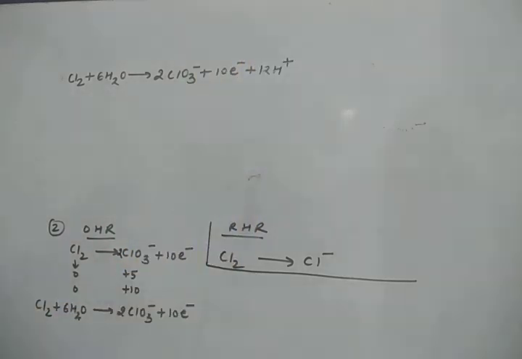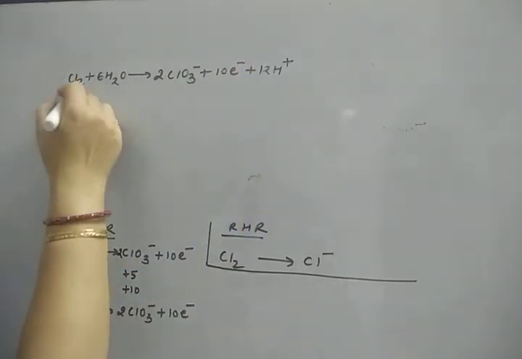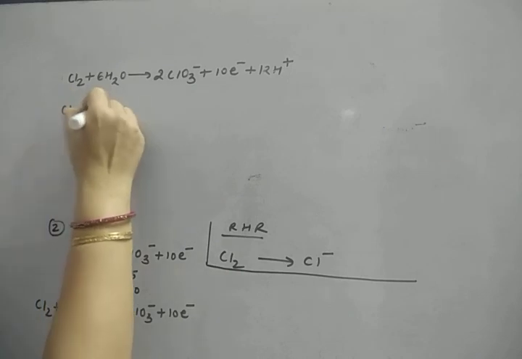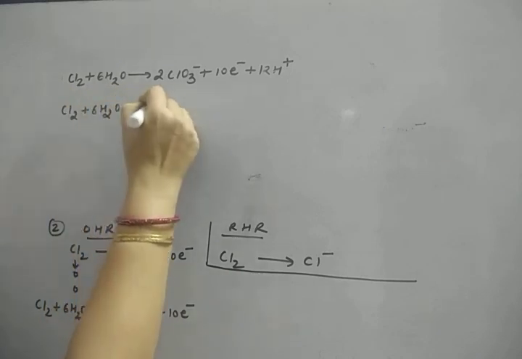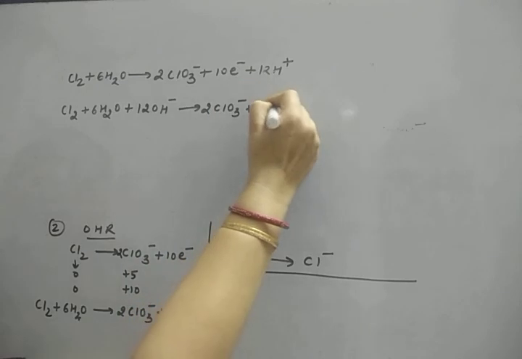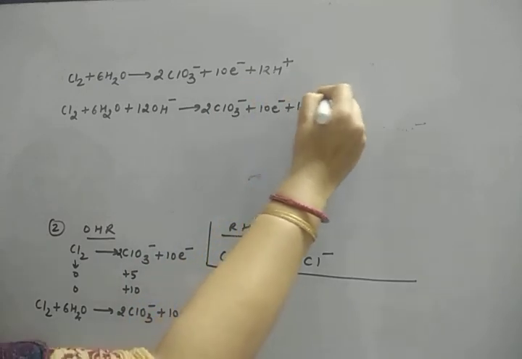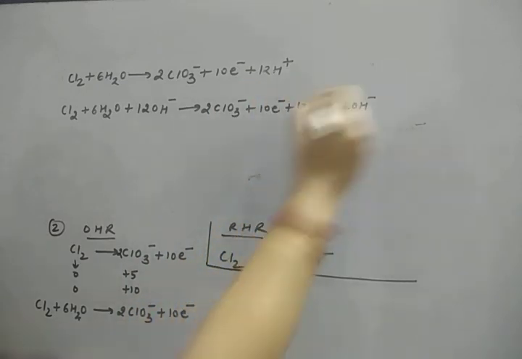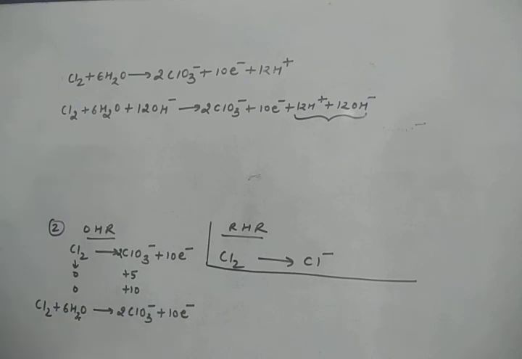Now how many H plus we have added? 12. So 12 OH minus I am going to add here also, and 12 OH minus I am going to add that side also. Plus 12H plus 12 OH minus. Now 12H plus and 12 OH minus, they give 12H2O.